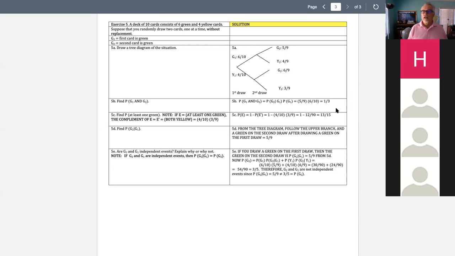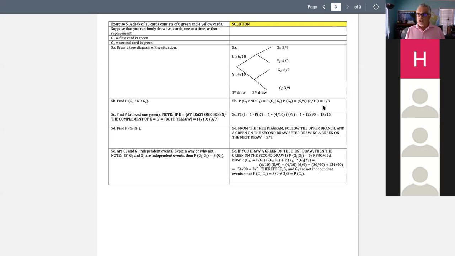Now, I'm not a stickler for simplified fractions. In your algebra class, you spend a lot of time simplifying fractions, finding common factors and canceling them out and getting a nice reduced fraction.